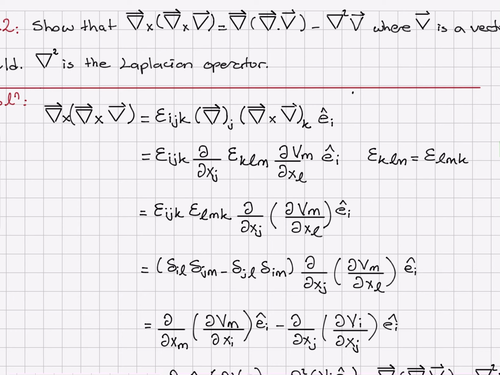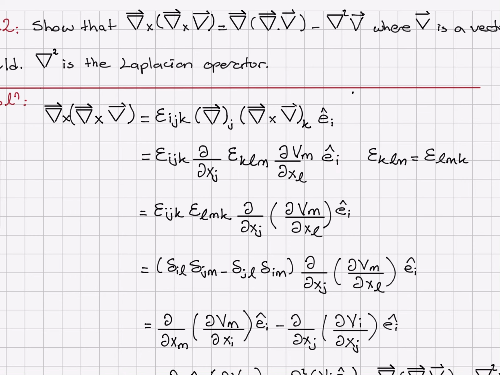And now the jth component of the gradient operator is del xj. The kth component of the curl is epsilon klm del Vm del xl. So del xl, lth component of the gradient operator, mth component of the V vector field. And we don't have ek hat because we're looking at the kth component. This is all in ei hat direction.